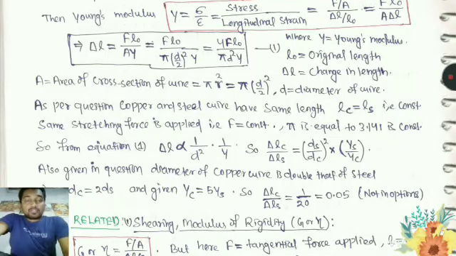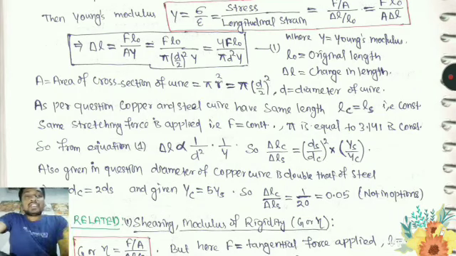Okay, as per the question, copper and steel wire have the same length, L_C equal to L_S, that is constant, and the same stretching force, so force is also the same. F is constant, pi is constant.